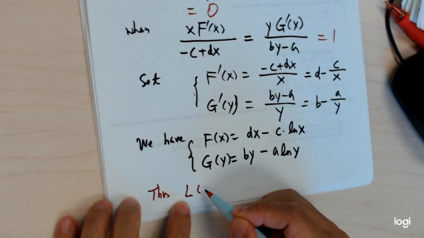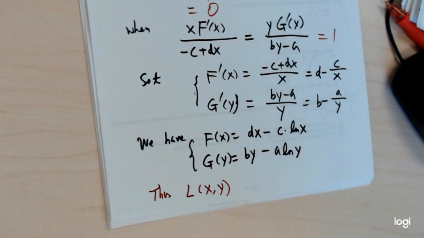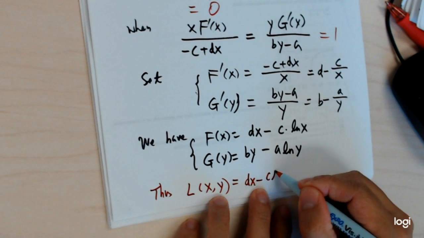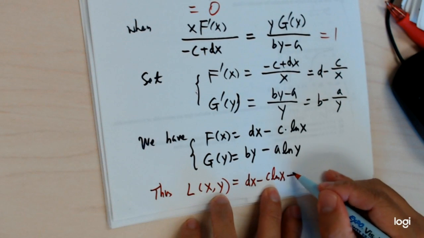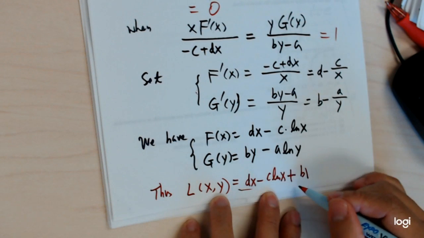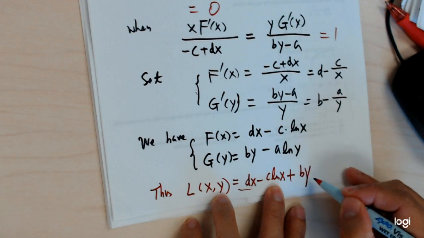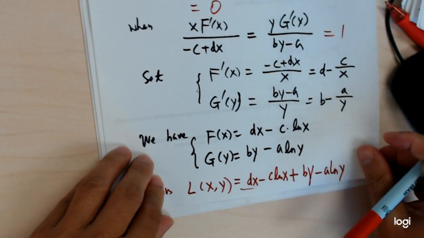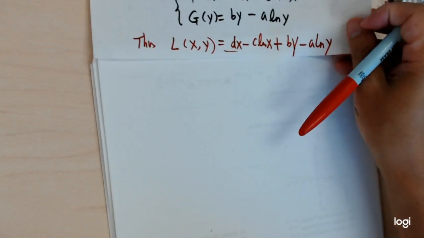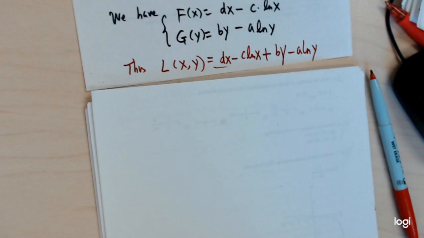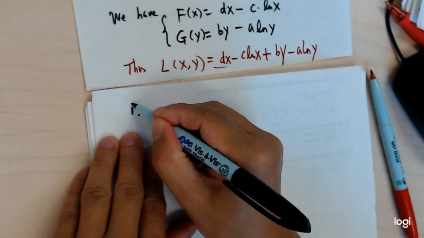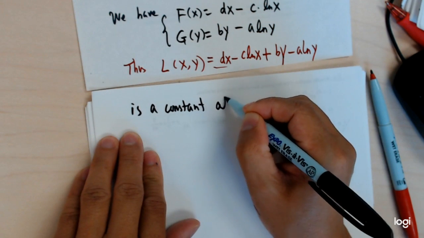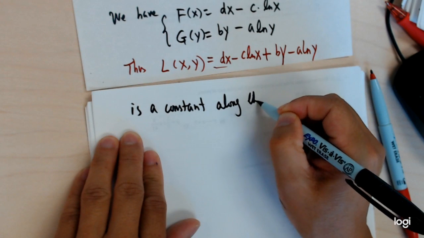Thus, this Lyapunov function that we created, which looks like this, that's f of x followed by g of y, this guy is a constant along the solution curve.